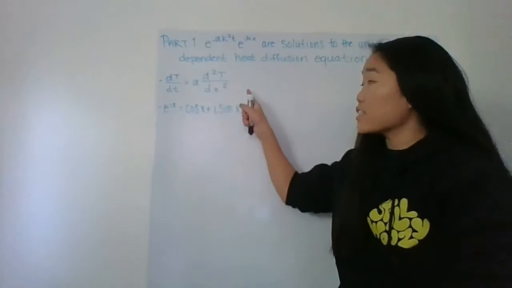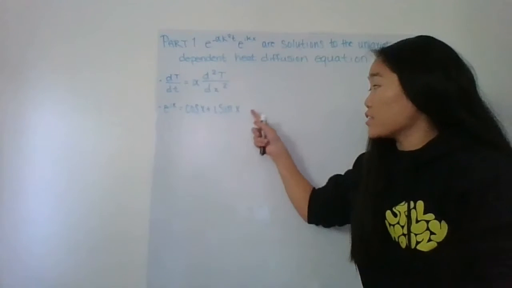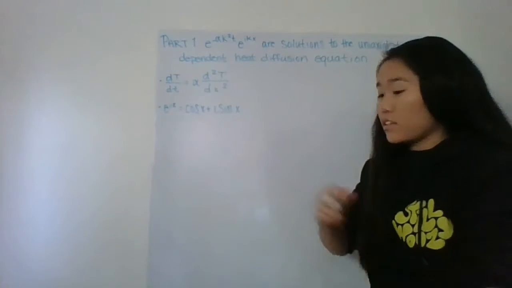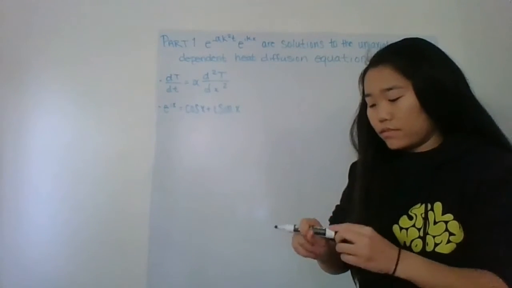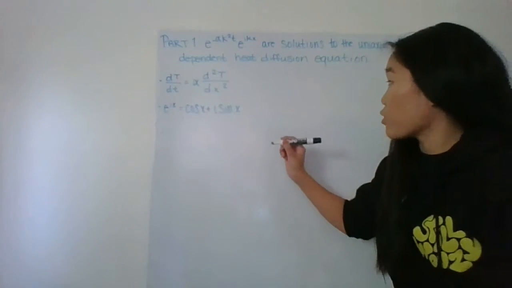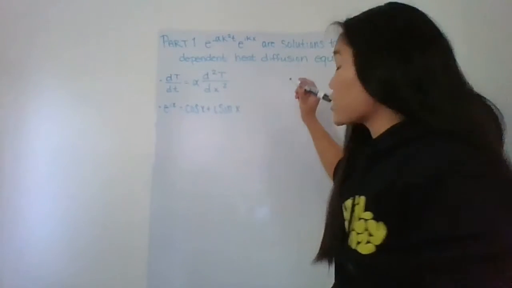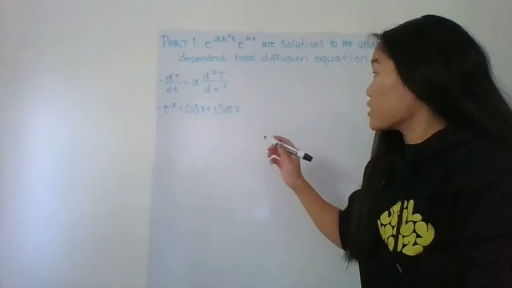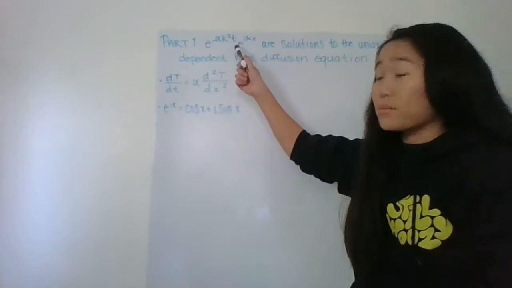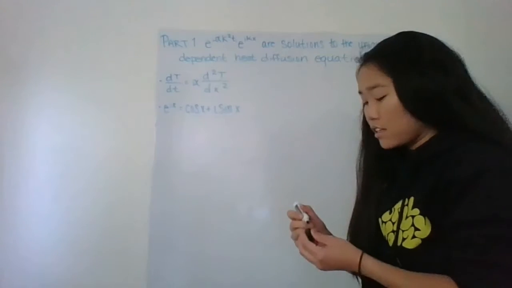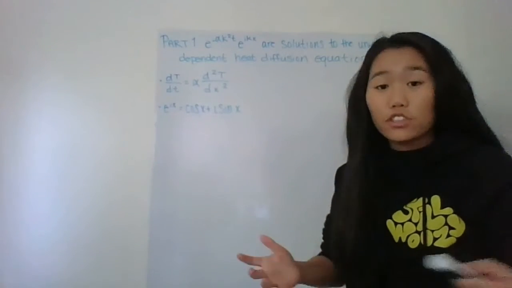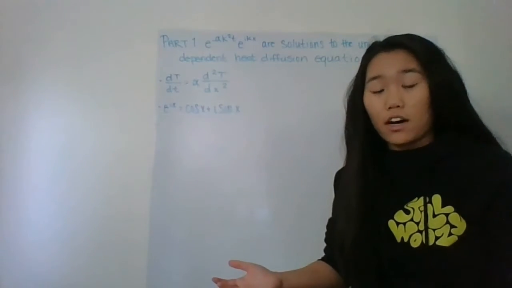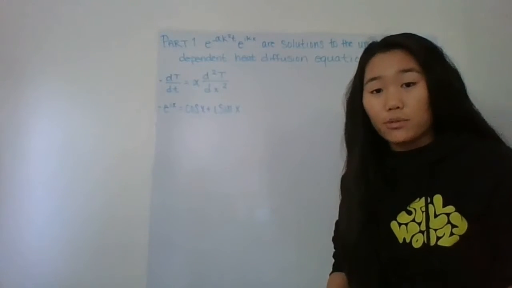We've got the heat diffusion equation here and Euler's formula here. So first we're going to start off with the von Neumann stability analysis to show that the functions e to the negative alpha k squared times t times e to the power of ikx are solutions to the uniaxial time-dependent heat diffusion equation.